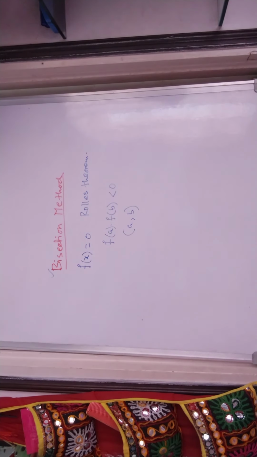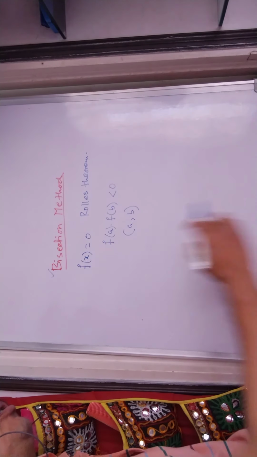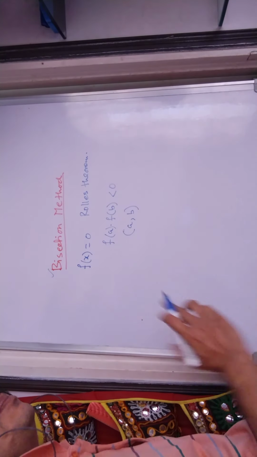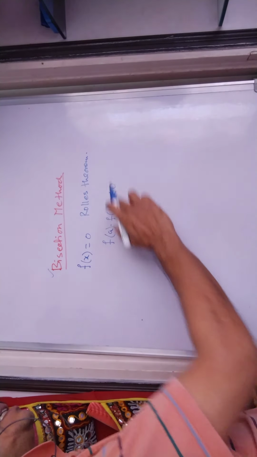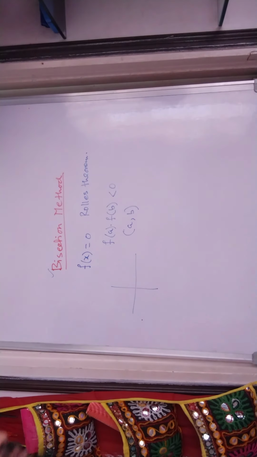Isn't it so? Because either f(a) is positive then f(b) is negative, or f(a) is negative then f(b) is positive, vice versa. Since the product is negative, f(a) and f(b) have opposite signs.